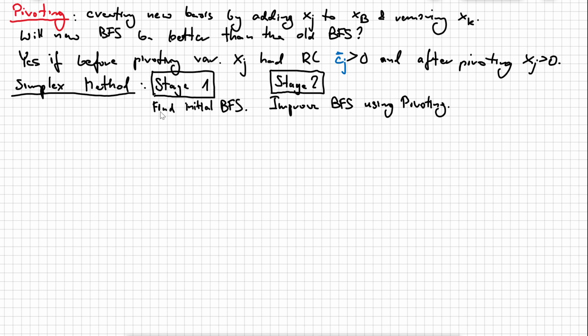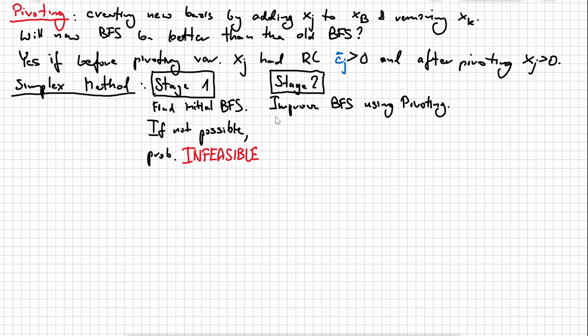In stage 1, first of all, if it's not possible to find a basic feasible solution, then the problem is infeasible. The problem is infeasible when you can't find any basic feasible solution, like you don't have a single feasible solution. So the problem is called infeasible, and we can stop the method.